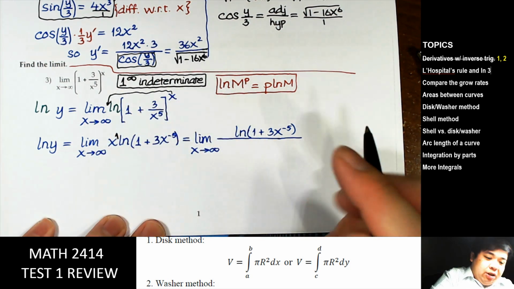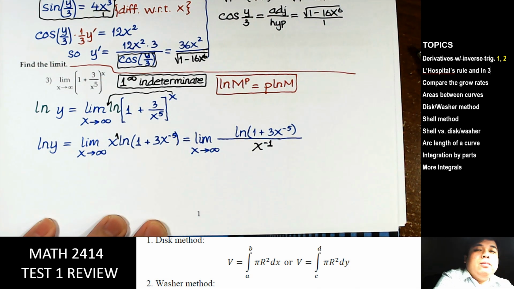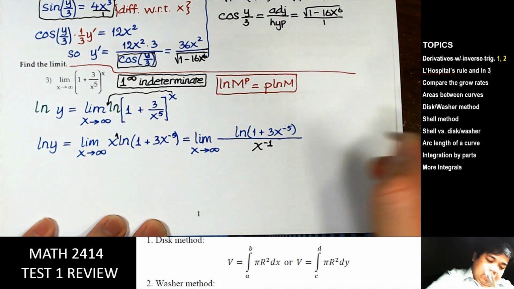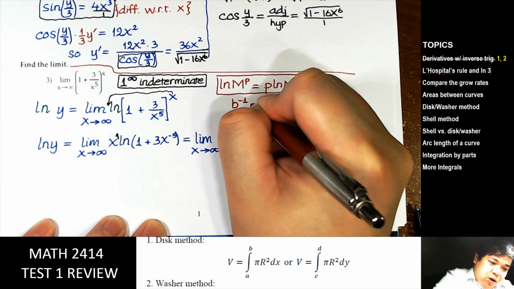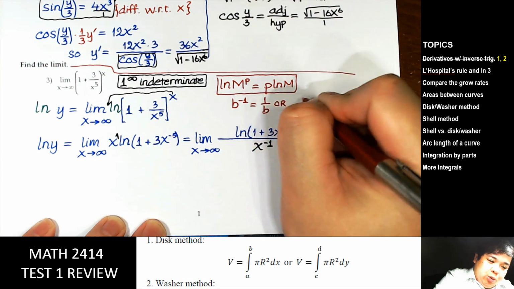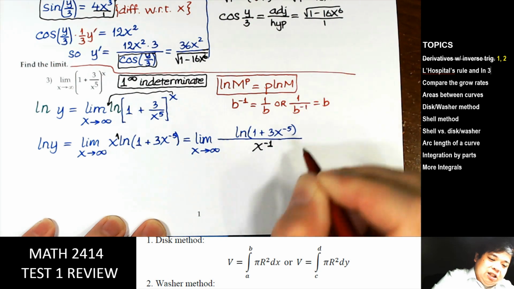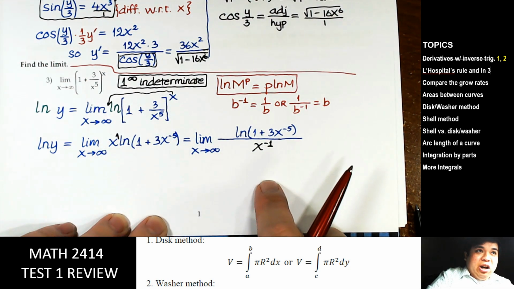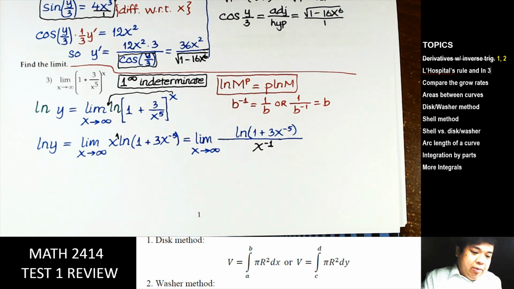If we move that down, it becomes x to the negative 1. Just like 1 over b to the negative 1 is equal to b. When we move from the denominator to the top, or the other way, we change the sign of the exponent.